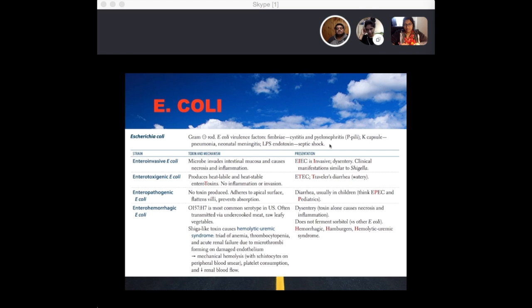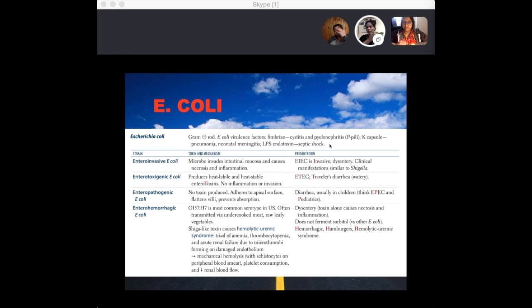Neisseria. Not neonates. Specifically 0 to 6 months would be the neonatal period. Haemophilus? I remember this as baby GEL or baby bell. So group B strep, E. coli, and Listeria. And that's for neonates, specifically 0 to 6 months.